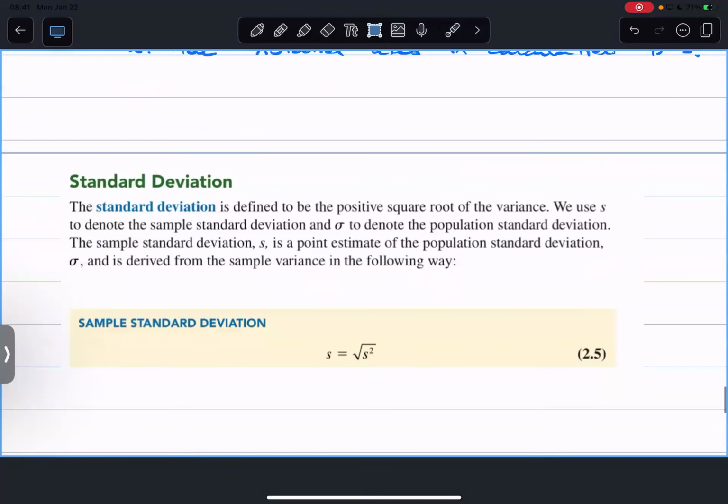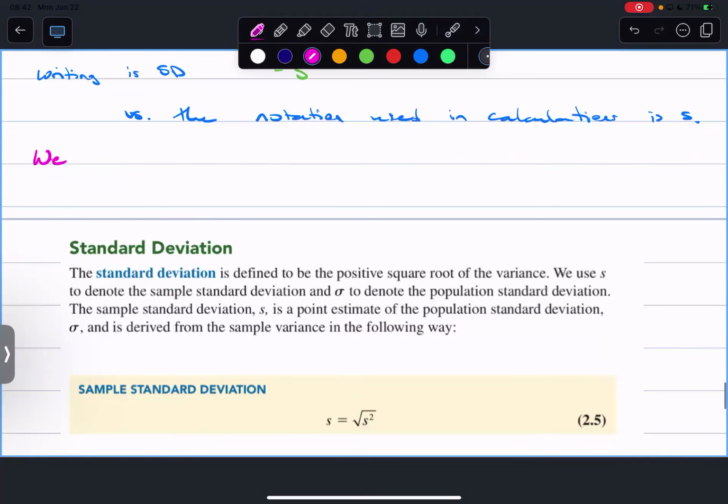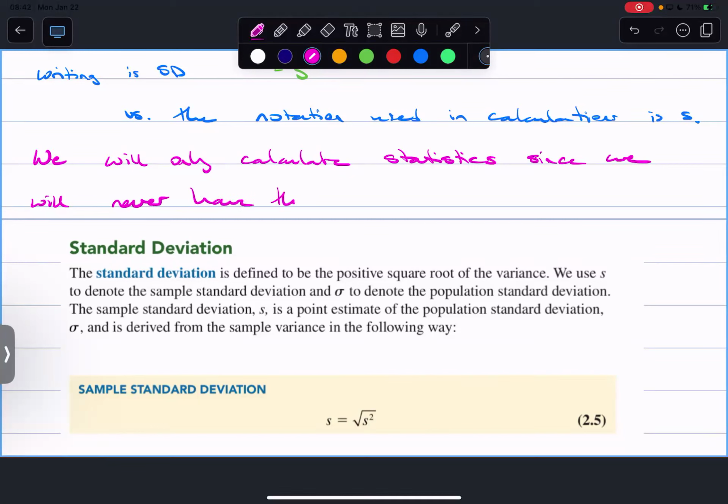So we will only calculate statistics, since we will never have the population information.